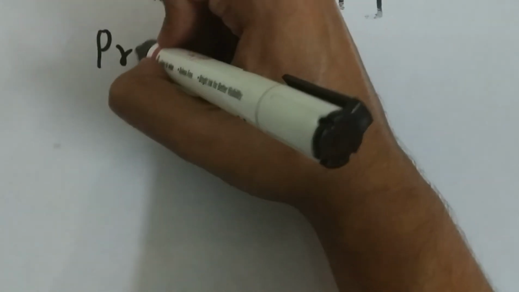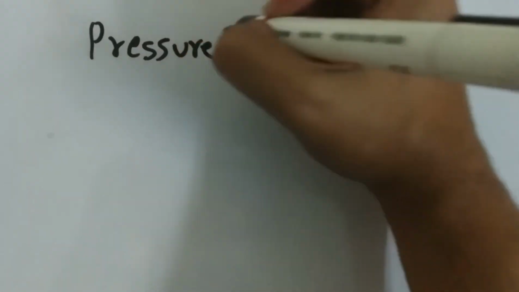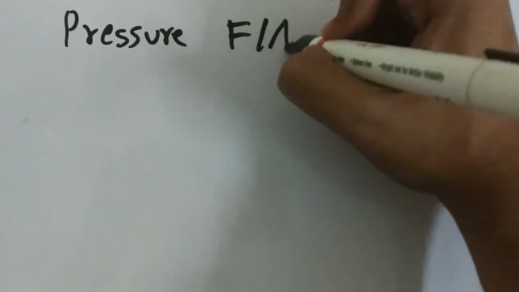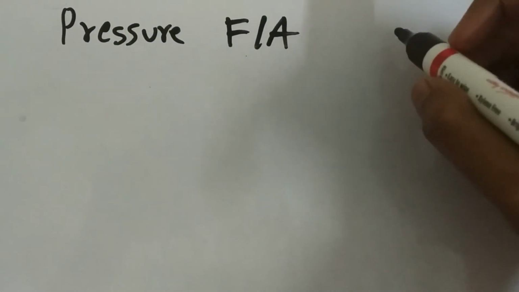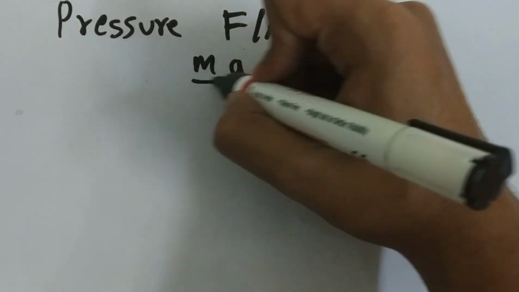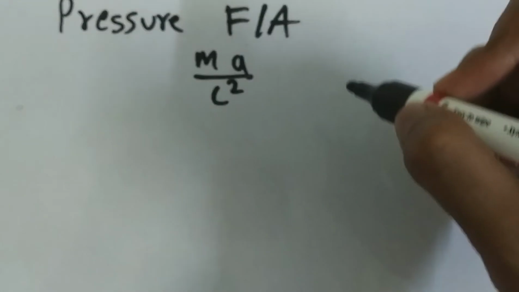Now, similarly, what's the unit of pressure? I know pressure is force per area. Force per area, that is nothing but mass times acceleration divided by length square.